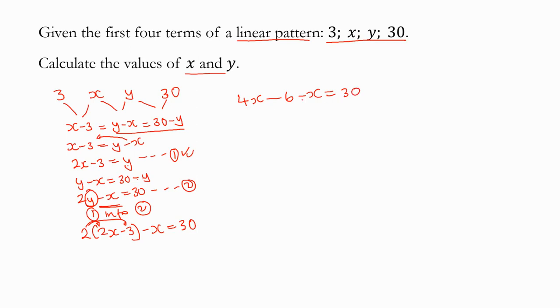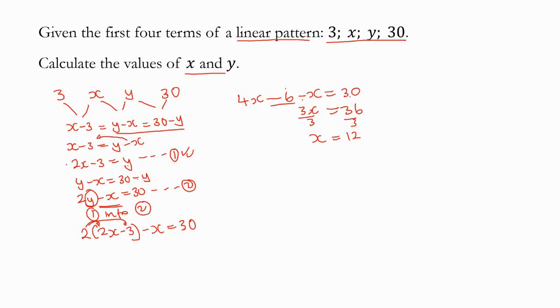And then 4x minus x, that is 3x, is equal to 30 plus 6. We get 36 because we add 6 on both sides of the equation. Then divide by 3 on both sides. So x is equal to 12.